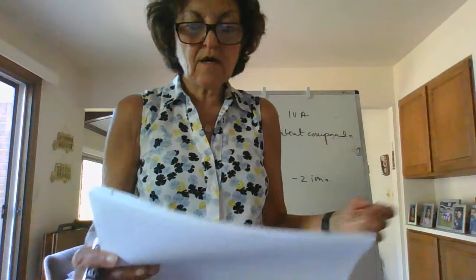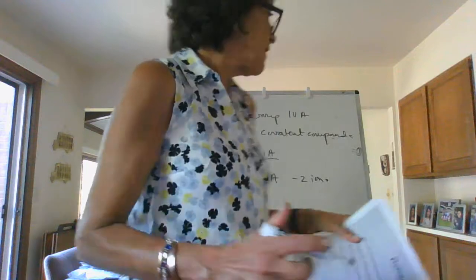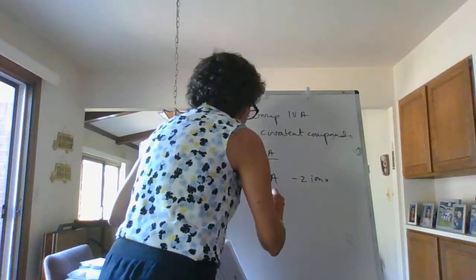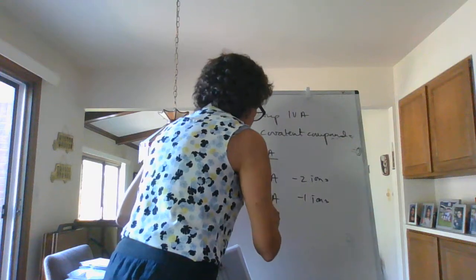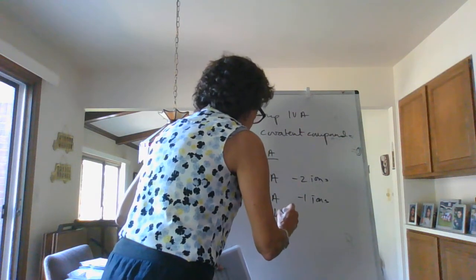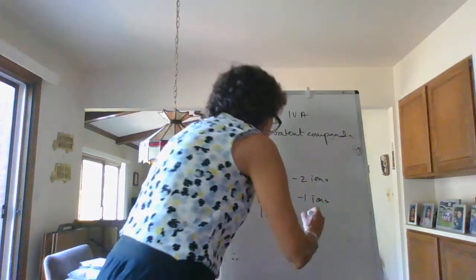All right. The halogens are group 7A. They form -1 ions. They all form diatomic molecules. Don't forget that.